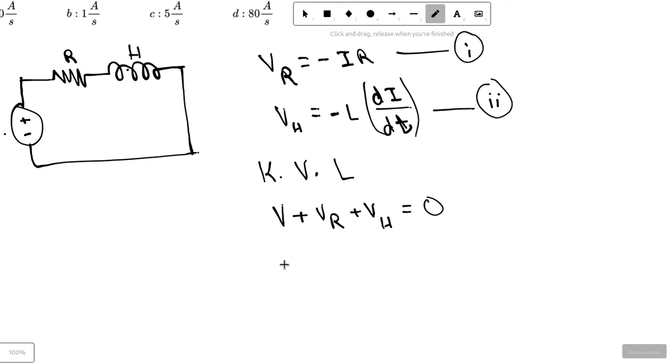And we'll replace the quantities from equations 1 and 2 here. We'll have V minus IR minus L times di by dt equals 0.